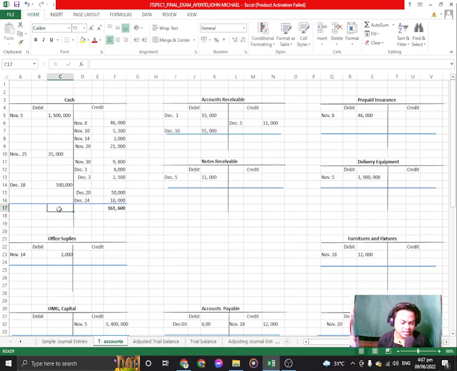And then deri nagtotal siya og sa debit, 2,035,000 pesos.